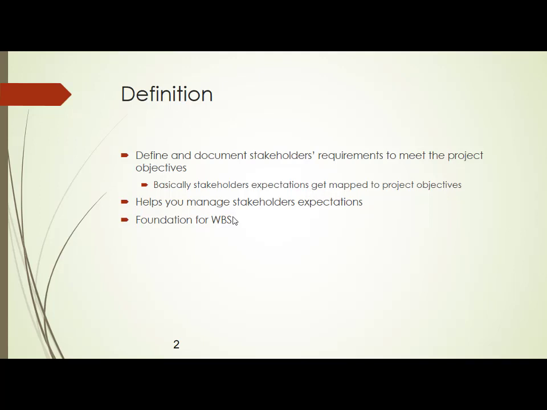See, we have seen the brief objective of a project when we were creating a project charter. We know that the project charter is a document which will authorize the project, which will kickstart the project. And there are some business objectives which are actually mentioned in the project charter.